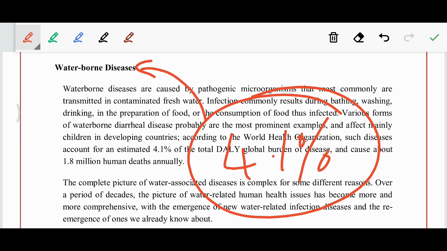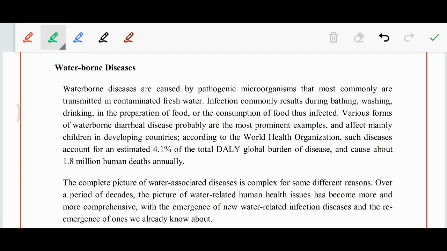It is very important to remember that. Unfortunately, 1.8 million humans die annually, so 1.8 million are dying every year because of waterborne diseases.